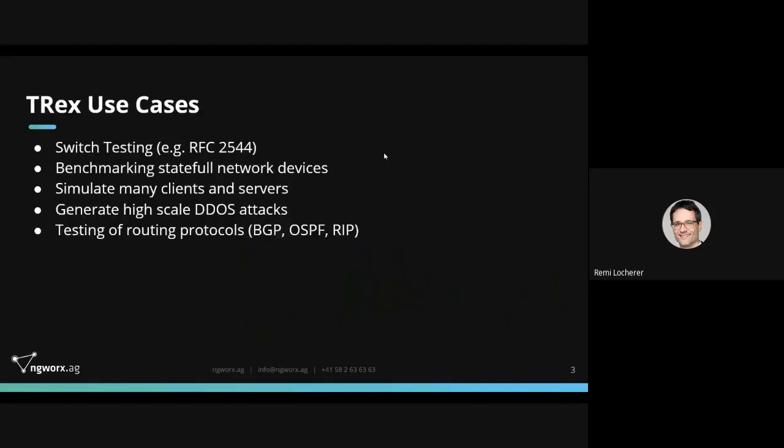So what are possible use cases that we can use this software package for? Well, we can use it for testing switches and forwarding performance, for example what is defined in RFC 2544, this IMIX traffic mix, forwarding UDP packets of different sizes. We can also benchmark stateful devices like firewalls, or if we need to do carrier grade NAT or stuff like that.